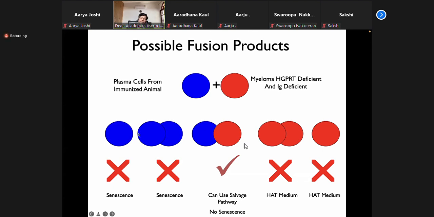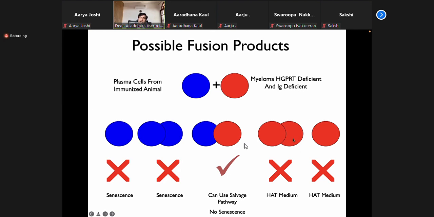For example, if you have only primary cells which are not fused with cancerous cells, they are going to die because of senescence. If you have homologous fusion between primary cells, again, they are going to die because of senescence. Senescence is because after a few rounds of division, the cells do not sustain because these cells are not cancerous cells, right?